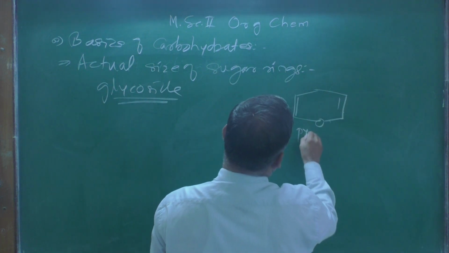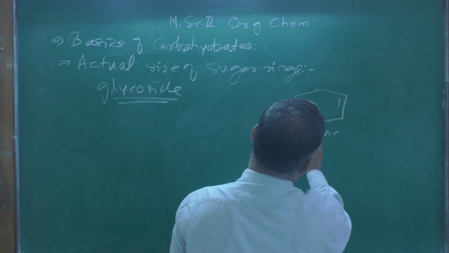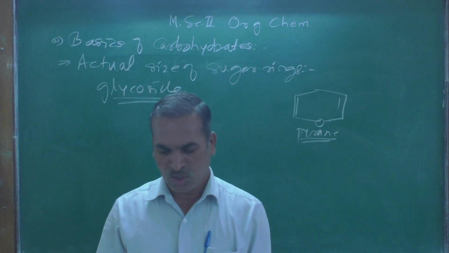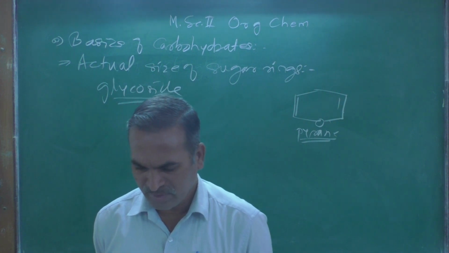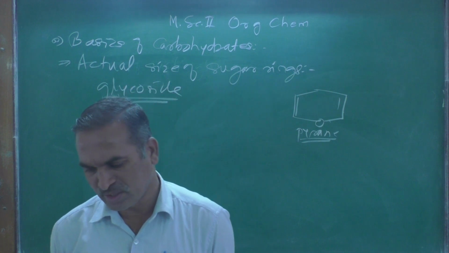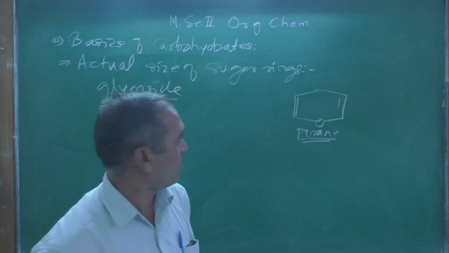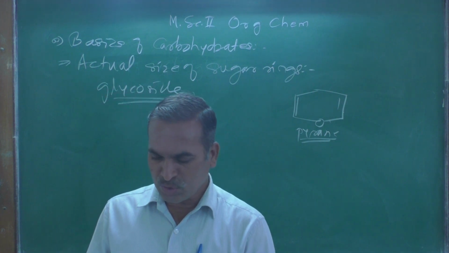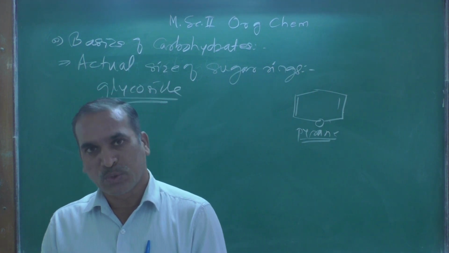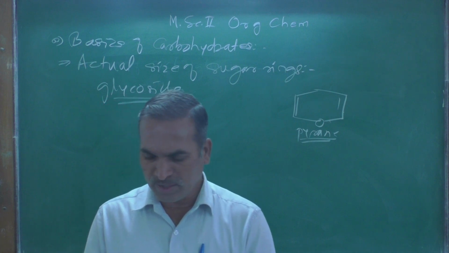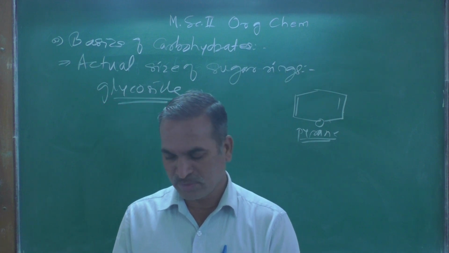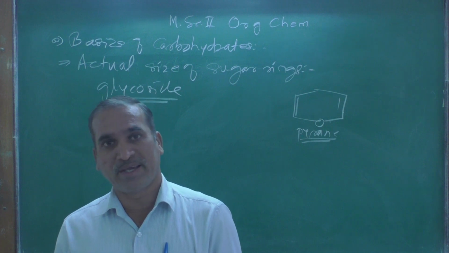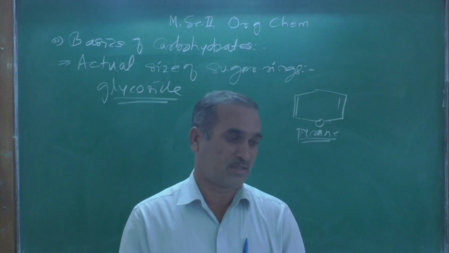The ring in a normal sugar is a pyranose ring. By analogy, ketoses are also believed to exist normally as pyranose compounds, and this pyranose structure has been confirmed by X-ray analysis.